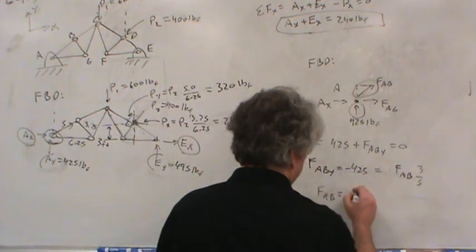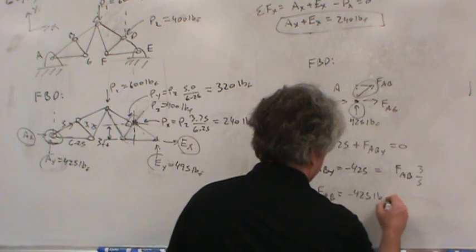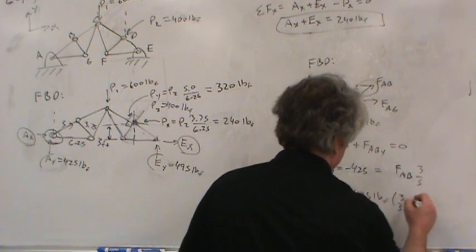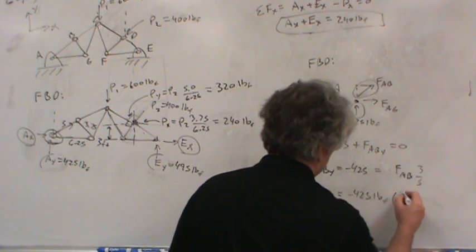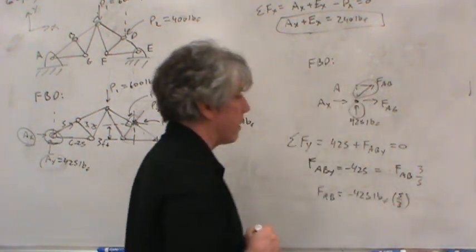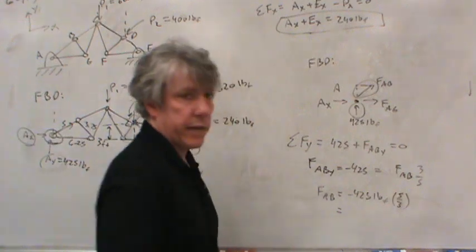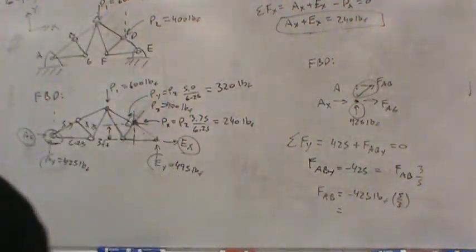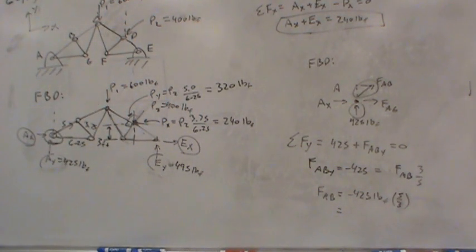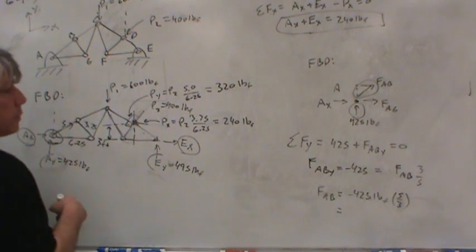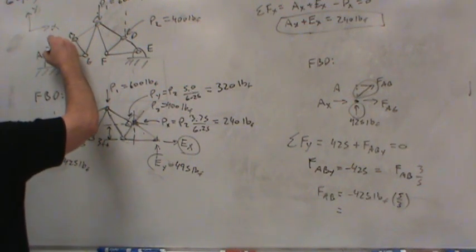So it would have to be negative 425 pounds force times 5/3, not 3/5. Got to invert and multiply the fraction, right? All right, grab your calculators, please, and let's find out the magnitude of FAB. This will be the force in our first number. We got negative 708.3 repeating.